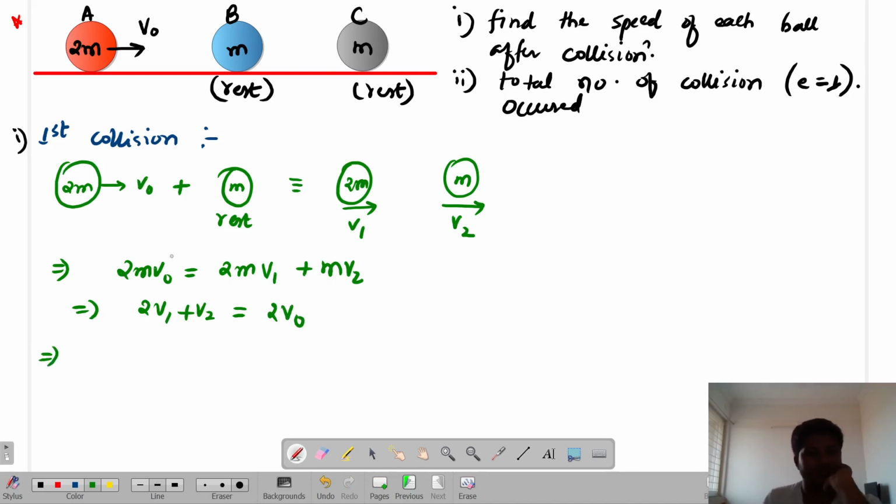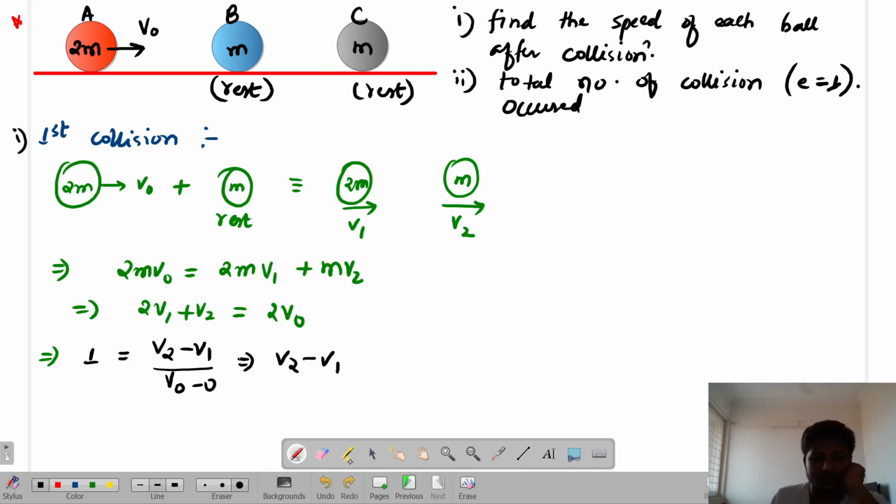Next equation, I can put the coefficient of restitution. So e is exactly equal to 1. That means velocity of separation, which is v2 minus v1, divided by v naught minus 0. So this implies v2 minus v1 is equal to v naught.